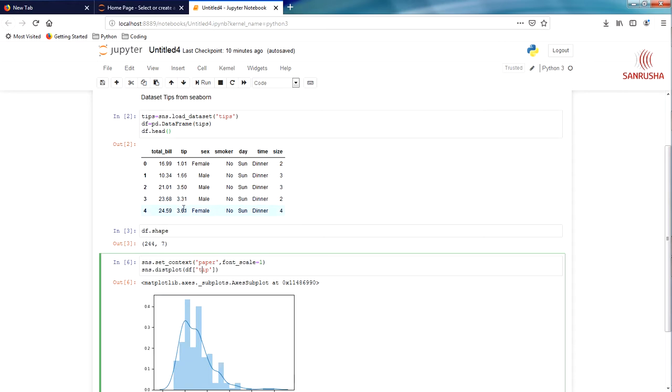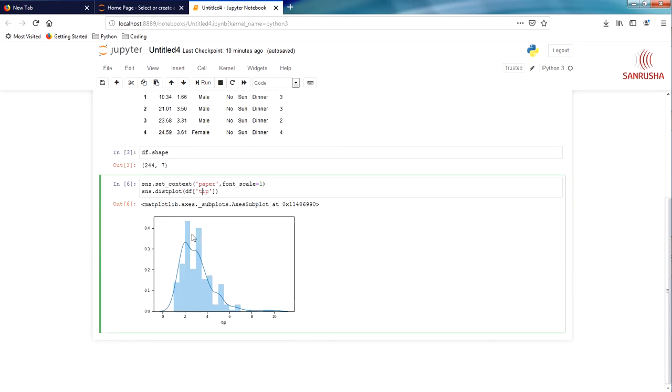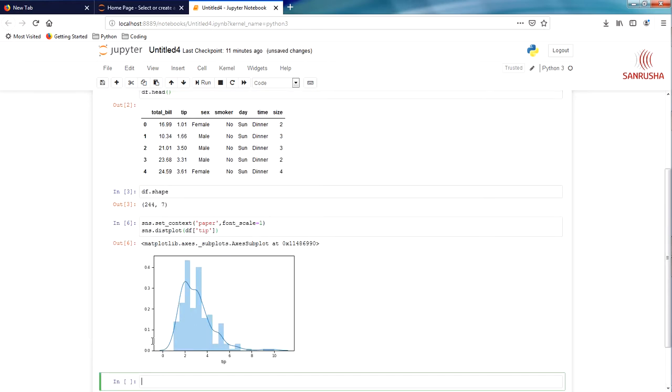Next, I am going to understand which of these variables affect the tip amount the most. And to understand that, the best thing is what is called a heat map. So next we are going to draw a heat map. But before we draw the heat map, we have to first make sure these things are correlated.